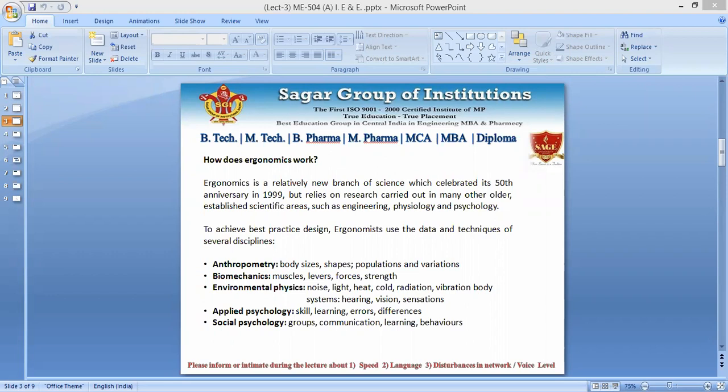Next one is biomechanics. Now, what is biomechanics? Bio, we know, means life, and life has its own mechanism. Actually, it is the application of mechanical principles to living organisms such as humans, animals, plants, and the functional basic units of life.